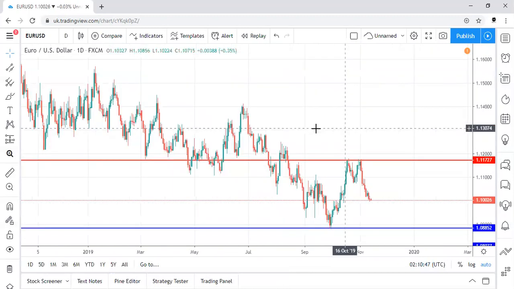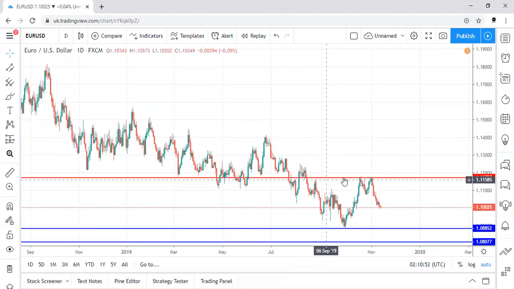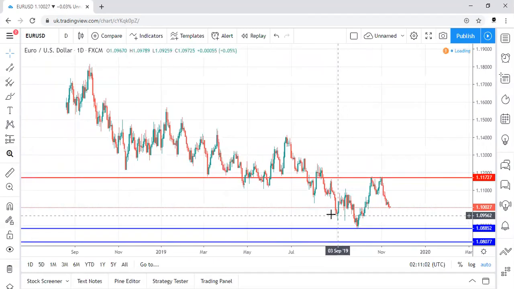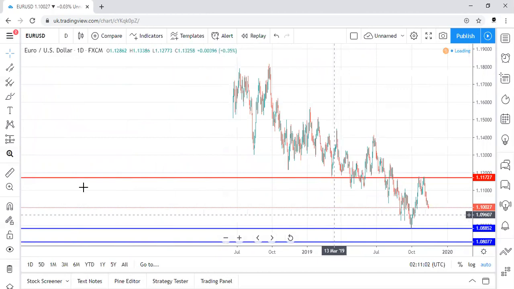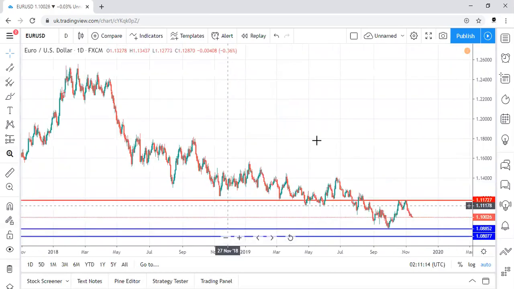I'm not going to clear the chart and start fresh here, because as you can see, I have my resistance here, confirmed by this point, this point. My support here, confirmed by this point. Which other point? This point here, this touch here. But that is not the main focus here.